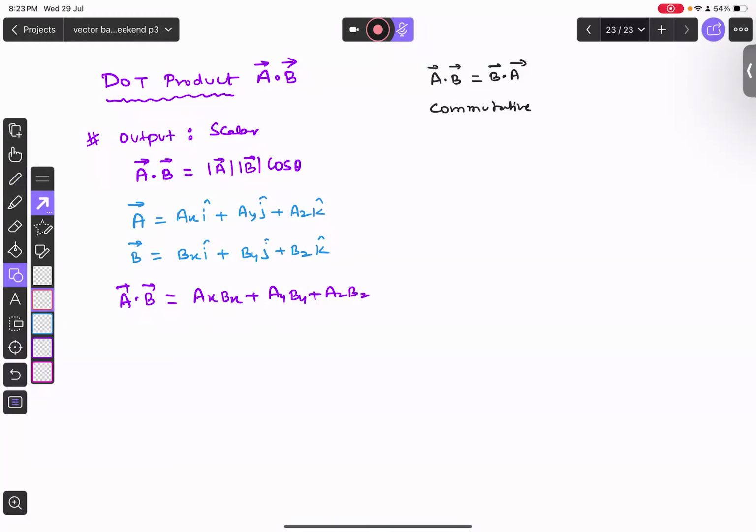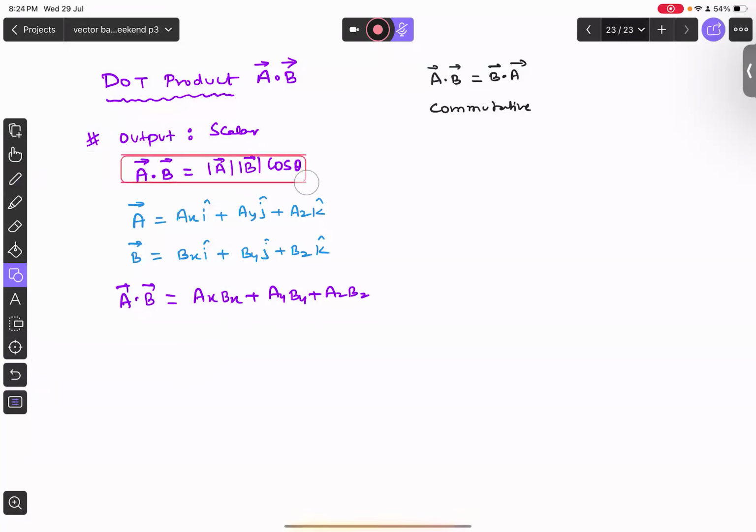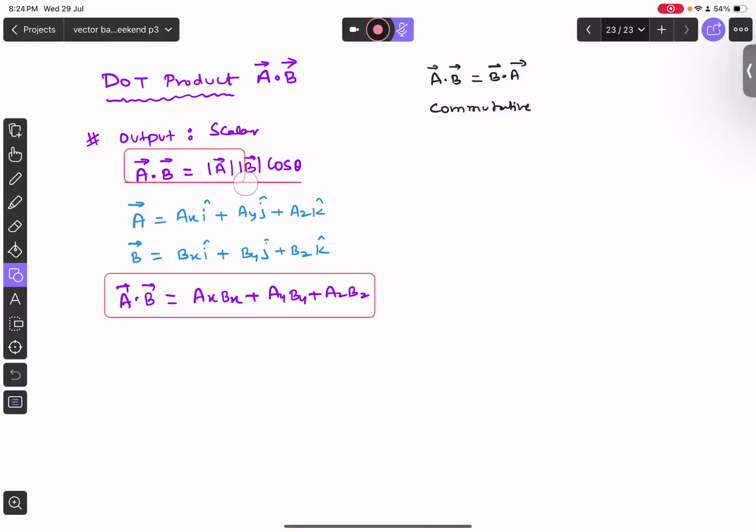So whether I use this formula or whether I use this formula, both will give us the same outcome. These are not two different things, it is the same thing. It depends on what data you have in your hand. If you know the length of A and B and the angle between them, I will use this result.